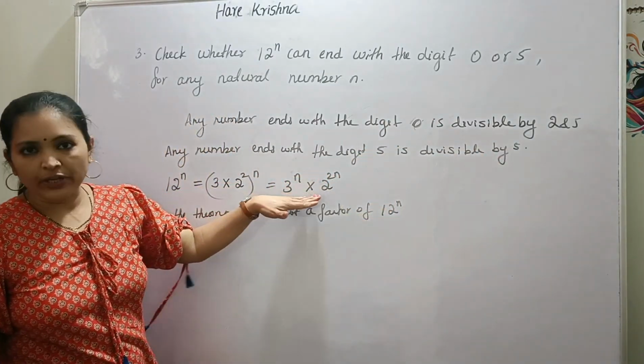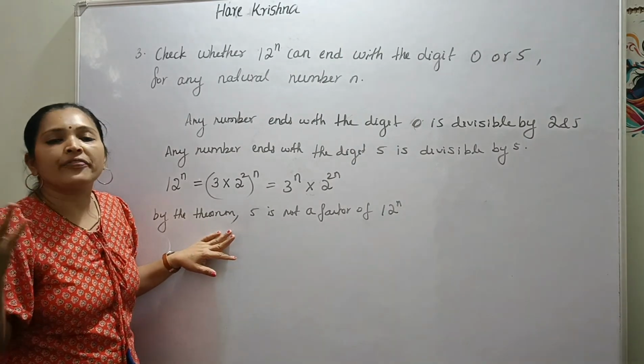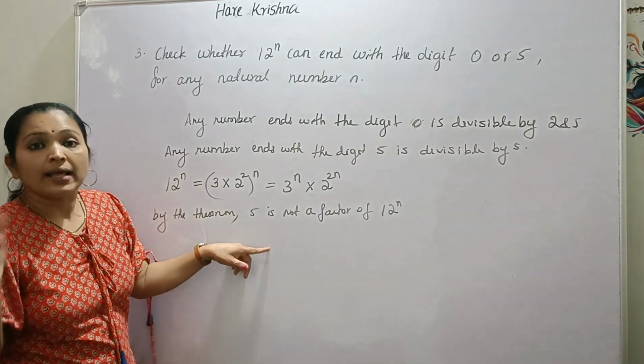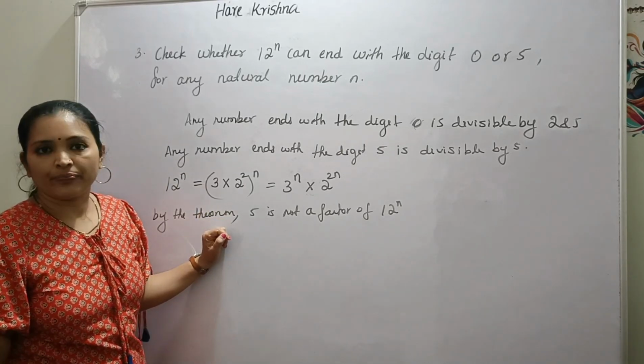But there is no 5 here. That means 5 is not a factor of 12 raised to n. That means 12 raised to n is not divisible by 5.